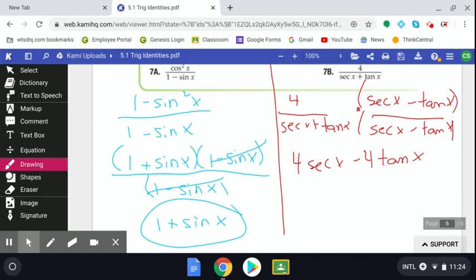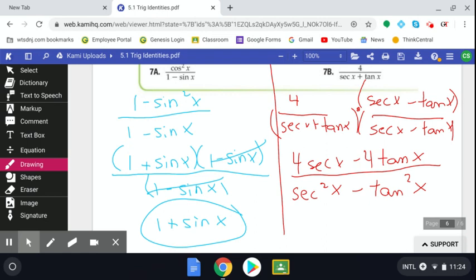And when you FOIL that bottom, remember, always FOIL. You get secant squared x, and then it would be minus secant x tangent x plus tangent x secant x, so those would cancel out, minus tangent squared x. And just for my luck, this is a Pythagorean identity.